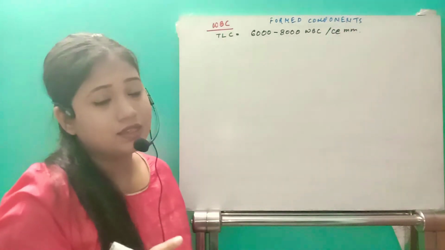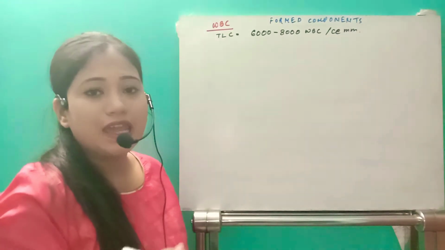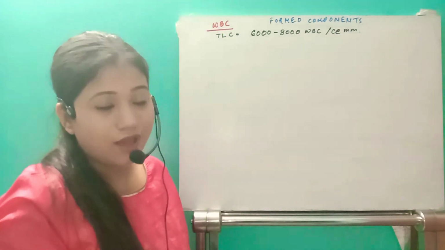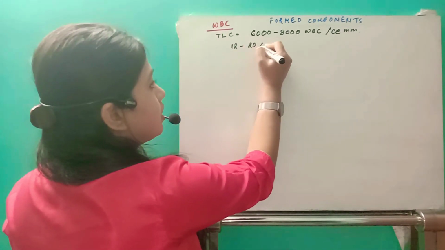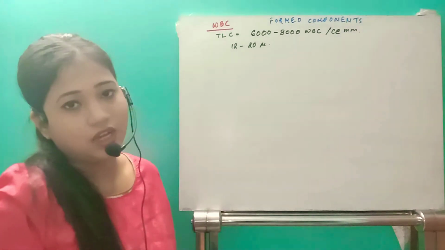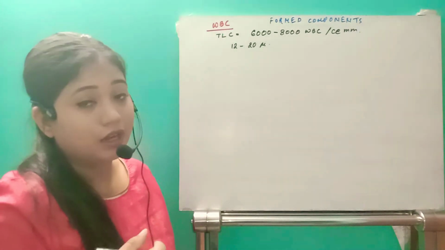Next, you need to know that the WBC is around 12 to 20 micron in diameter.